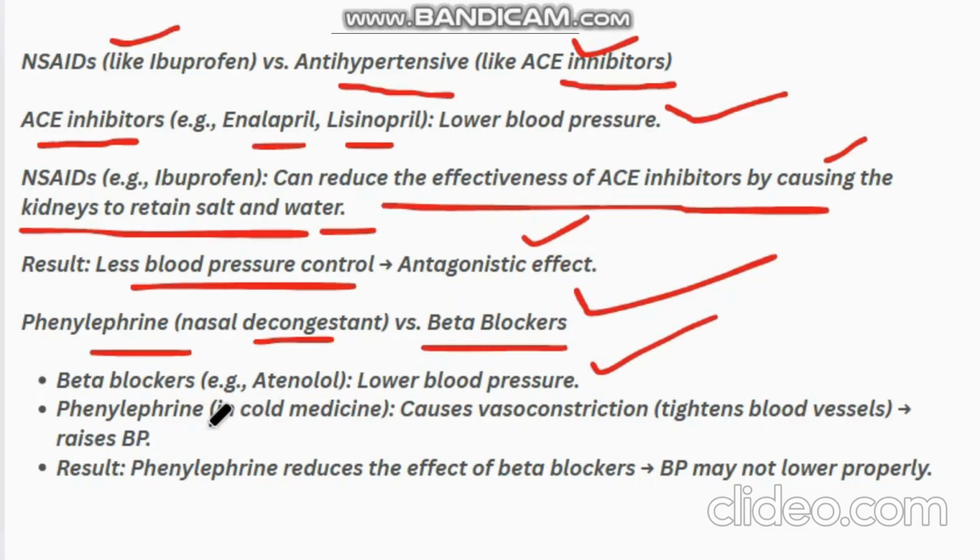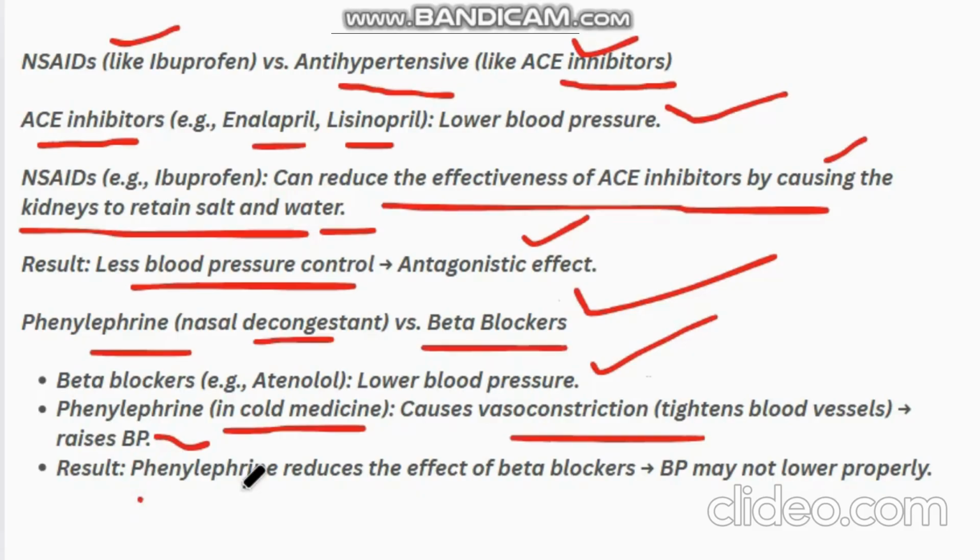Similarly, as in the above case, phenylephrine is given in cold, which causes vasoconstriction, that is tightness of the blood vessel. That may lead to a rise in the BP, that is blood pressure. So the main action of the beta blocker is to lower the blood pressure.